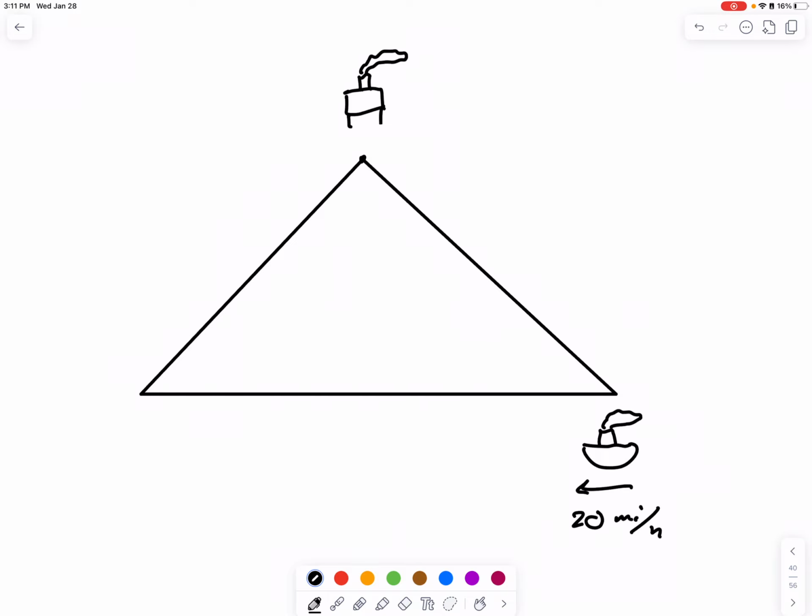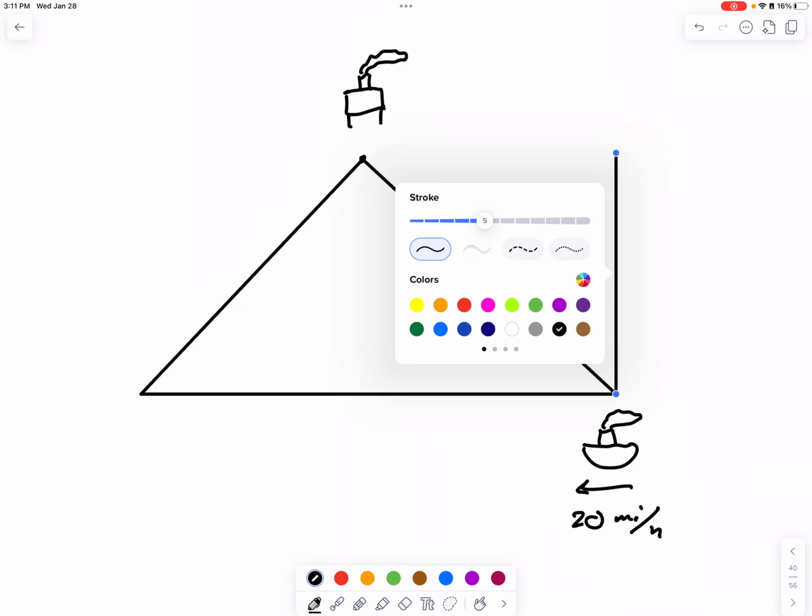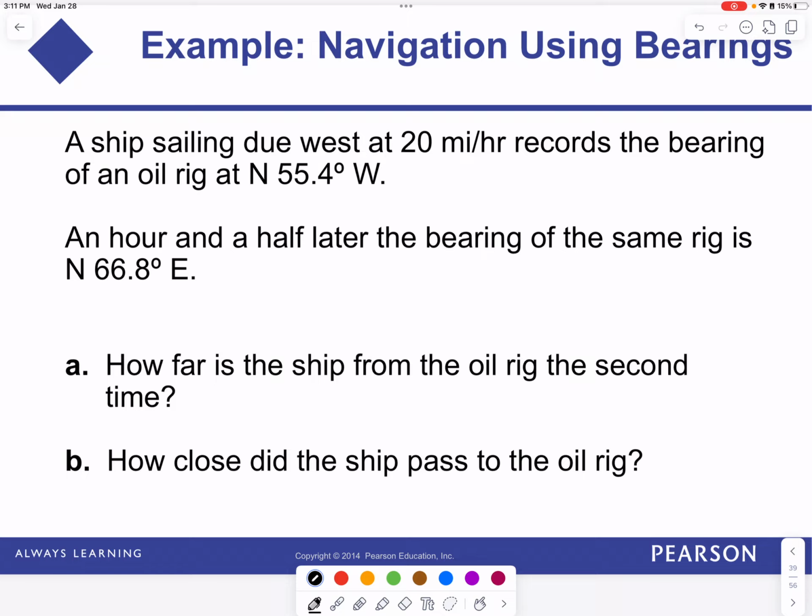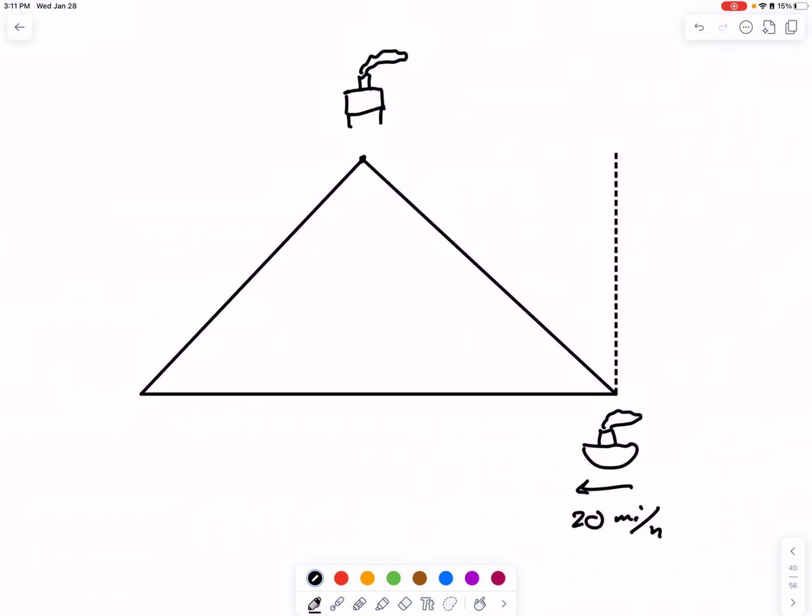So if this is the north line, they said it went 55.4 degrees west. So 55.4 degrees west is this angle here.